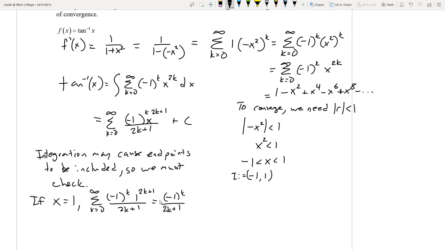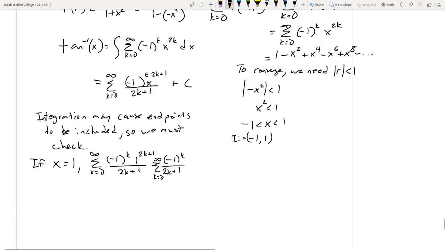So we have the series from k equals 0 to infinity of -1 to the k over 2k plus 1. This is an alternating series, so we're going to need to check using the alternating series test. So we'll go ahead and make a function relating to the non-alternating part.